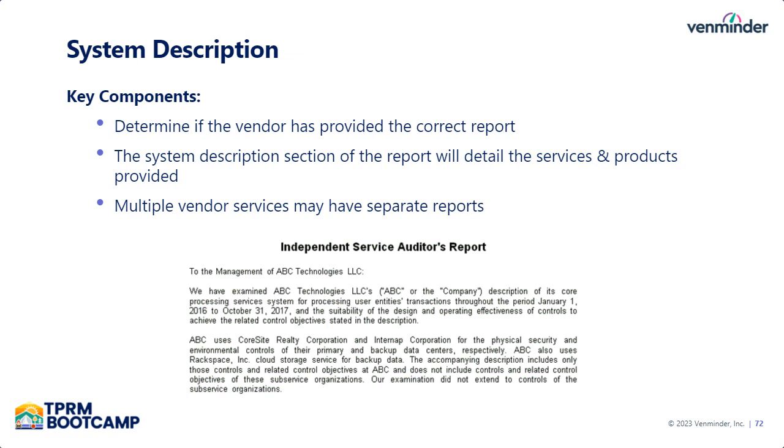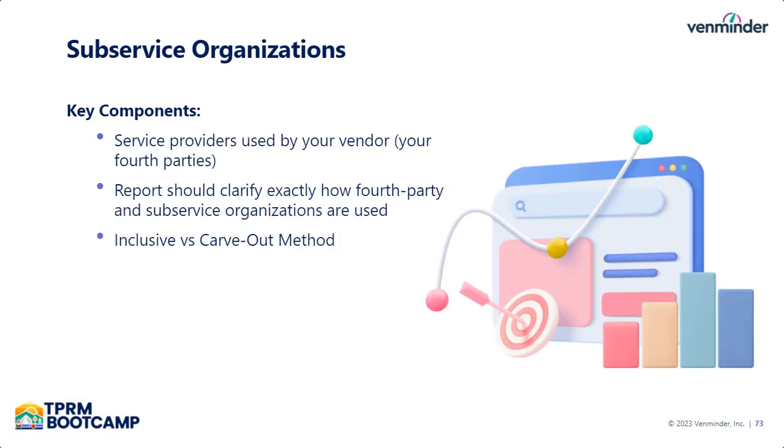The next component to take a look at is going to be the subservice organizations. These are going to be any service providers used by your vendor, so basically your fourth parties. The report really should clarify exactly how these vendors and subservice organizations are used and whether they use the inclusive or carve-out method for the report itself.